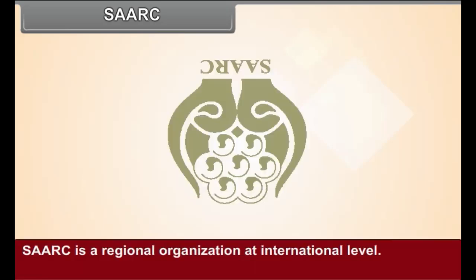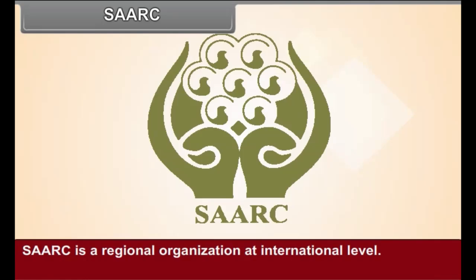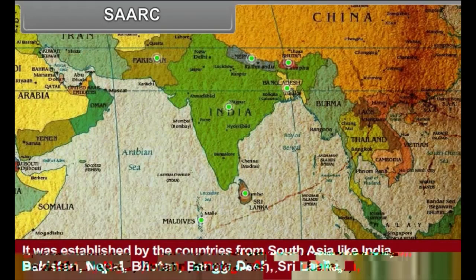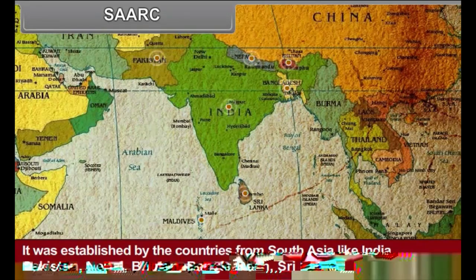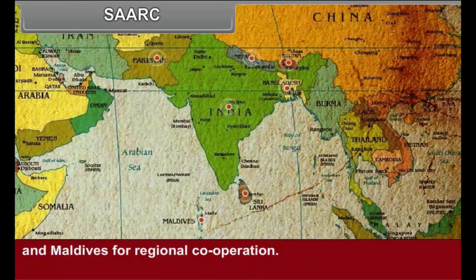SAARC, that is, South Asian Association for Regional Cooperation. SAARC is a regional organization at international level. It was established by the countries from South Asia like India, Pakistan, Nepal, Bhutan, Bangladesh, Sri Lanka and Maldives for regional cooperation.